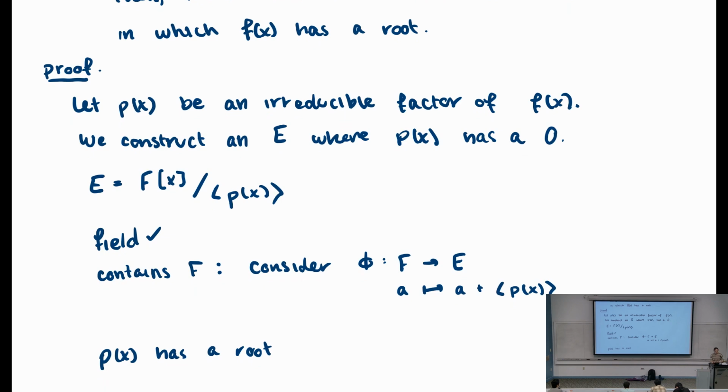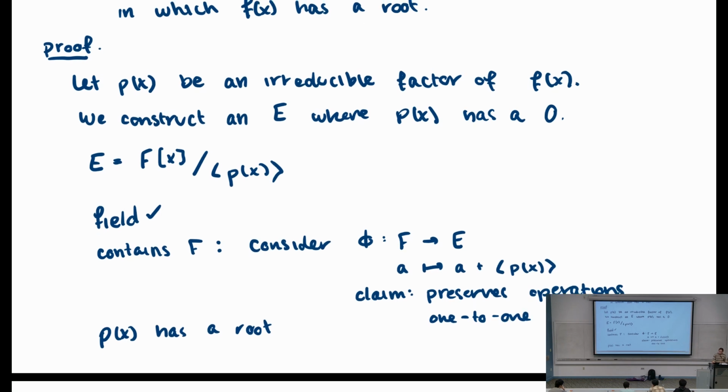I claim, but I'm not going to prove, that this map will preserve the operations and is one-to-one. So that means that phi will be an isomorphism onto its image.